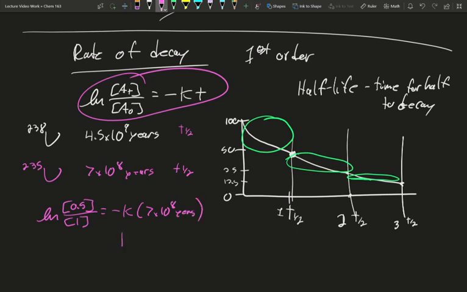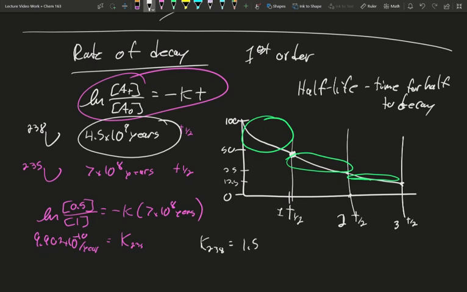Rearrange, solve for k. The k of uranium-235 is equal to 9.902 times 10 to the minus 10 per year. If you did the same for uranium-238, plugging in its 4.5 billion years, we'll find that its k value is 1.54 times 10 to the minus 10 per year.